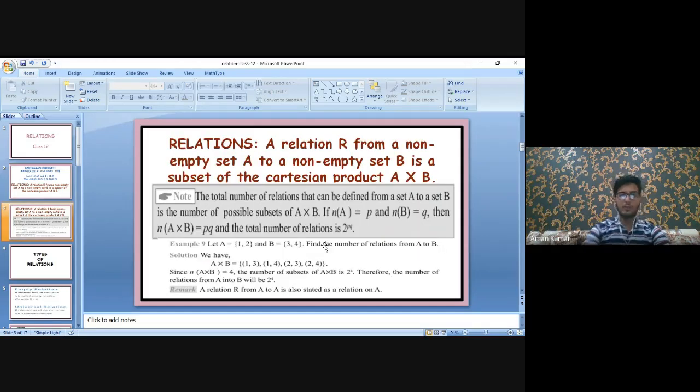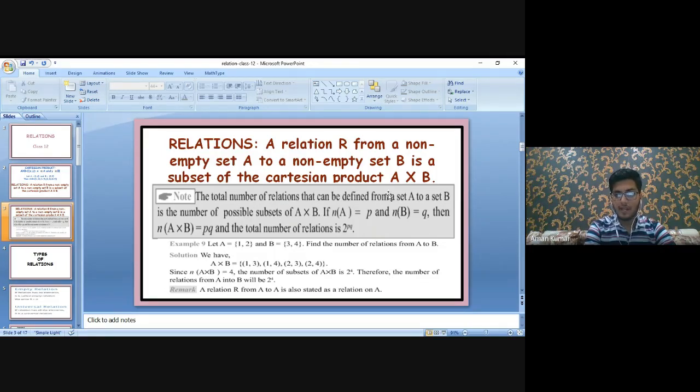Now we are going to study relations further. A relation R from a non-empty set A to a non-empty set B is a subset of the Cartesian product A cross B. And you all know how many subsets a set can have: 2 raised to the power of the number of elements.